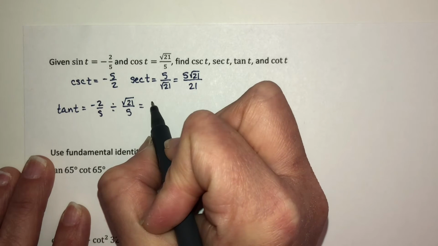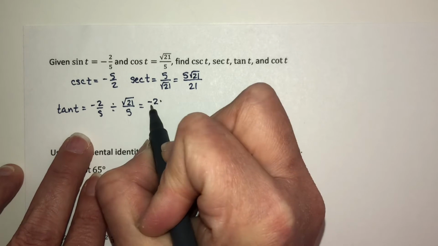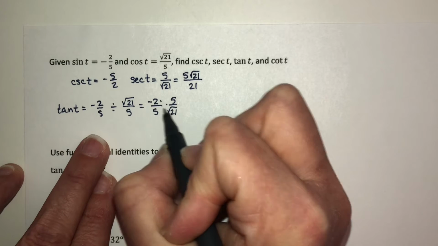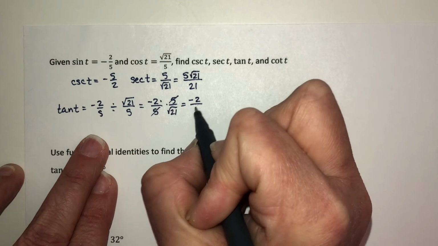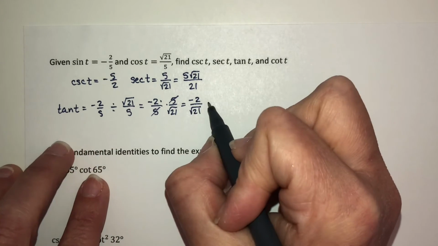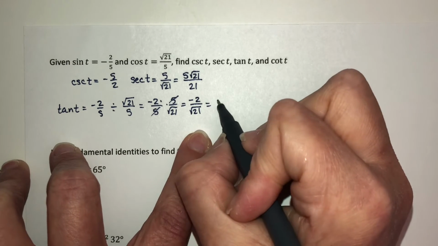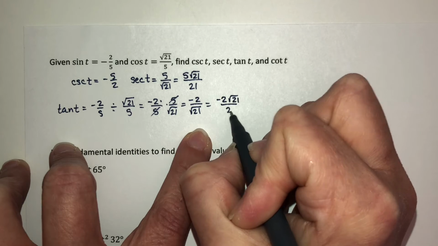So this is equal to negative 2/5 times 5 over the square root of 21 to give us negative 2 over the square root of 21. And then if you rationalize that by multiplying top and bottom by the square root of 21, you get negative 2 square root 21 over 21.